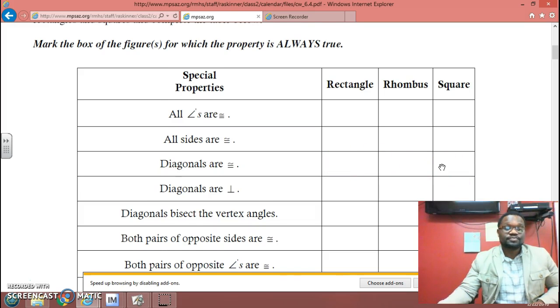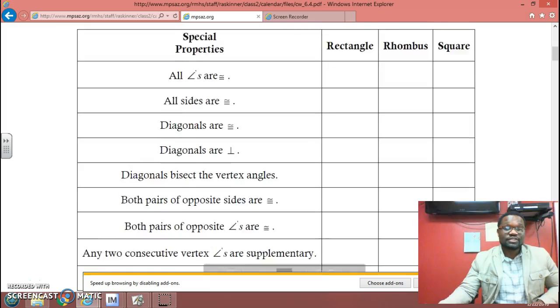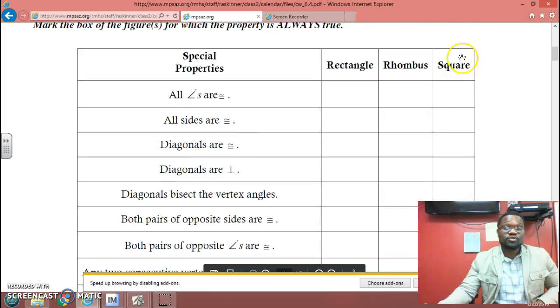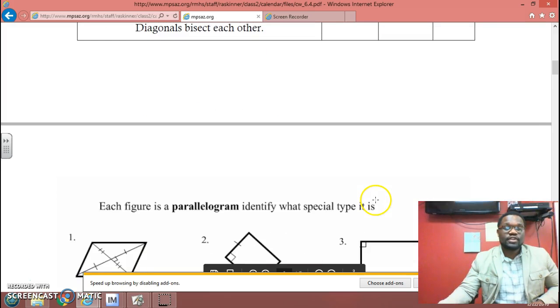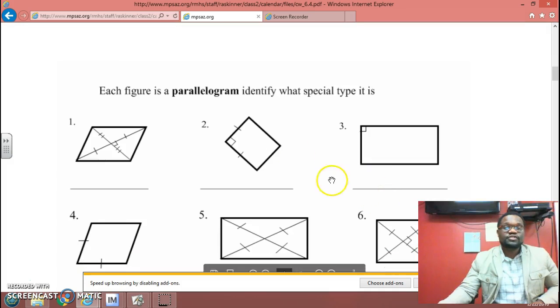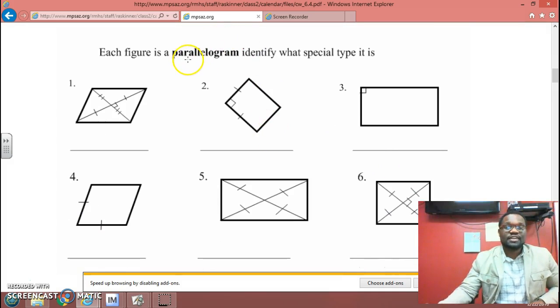So I imagine that the square is going to get tagged on every single one of those because it's both a rhombus and a rectangle. These two are going to alternate as we move down. Each figure is a parallelogram. Identify what special type it is. Okay, looking at this, you see that lean, that little slant? That is always an idea that you're dealing with a rhombus when you see that little lean and slant.